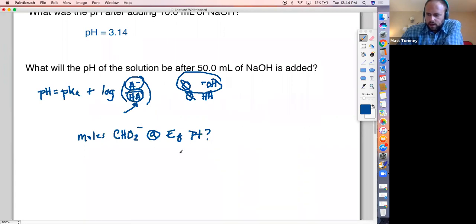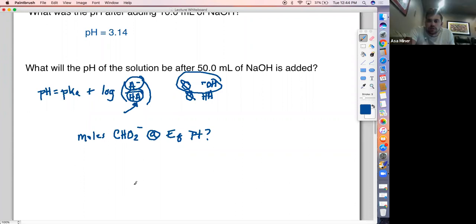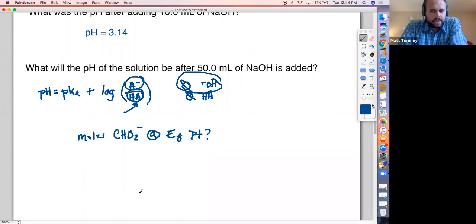Okay, so this is actually a very easy number to grab. Does anybody know where we would find it? Didn't we already solve for it? In what manner? We did technically, but we didn't call it that. Where would I find the number?